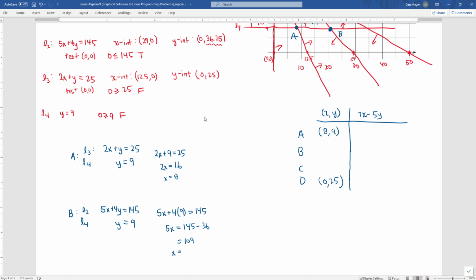And so x here would be 109 divided by 5. That's going to have a nice decimal, 21.8. Okay, so point B has coordinates 21.8, 9.